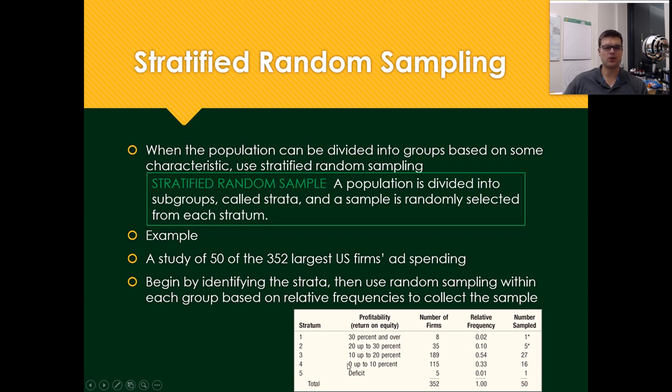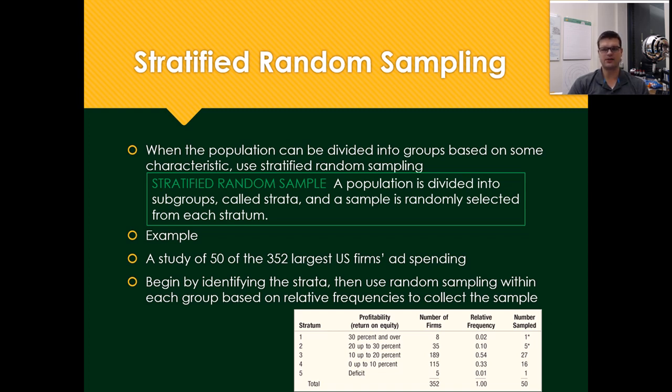Now there's an issue with only pulling 1 person, or 1 firm, 1 representation from that strata. And the reason why is because do you really want 1 person representing all 8 of those people? Now it could be that 1 person will suffice. But it could also be that 1 person is an outlier and can't really be used to generalize to all 8.